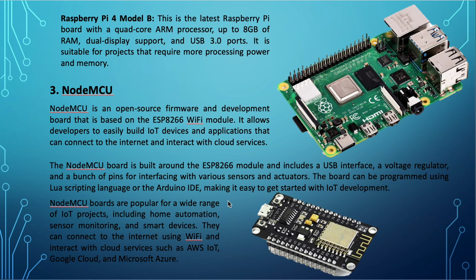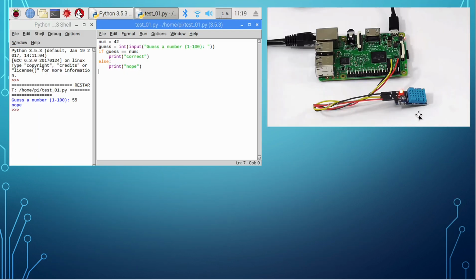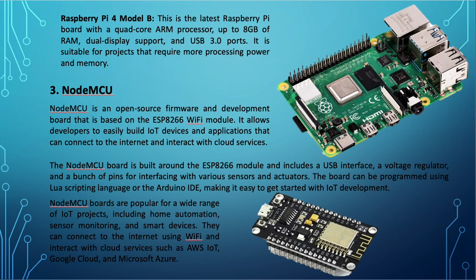You can use this NodeMCU device with a sensor, like the temperature and humidity sensor we talked about, and feed that into a Wi-Fi network which will cover the entire factory floor.